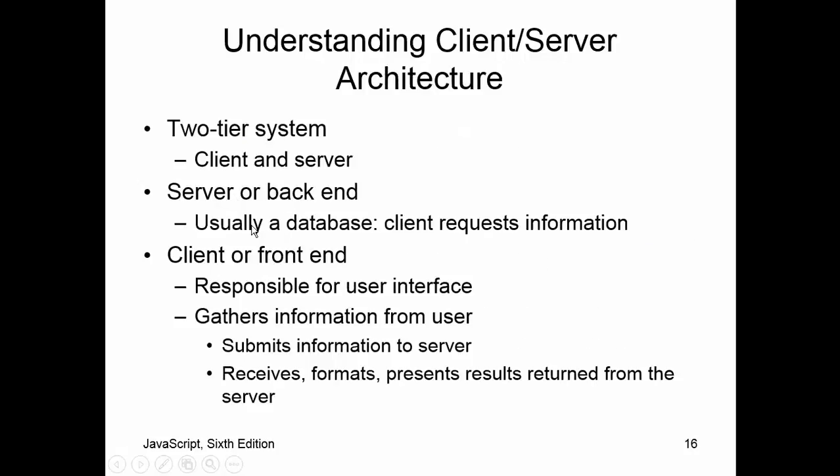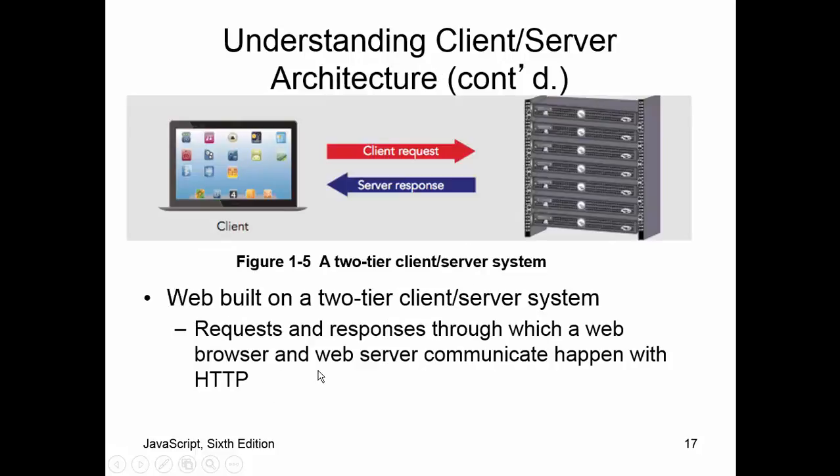The server is known as the back end. Normally the information you want will be in a database, but it doesn't have to be. The client gives you the user interface. As it says, it gathers the information from the user, submits it to the server, and receives whatever results come back from the server.